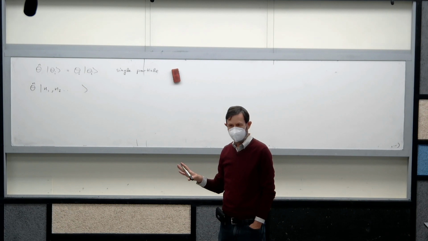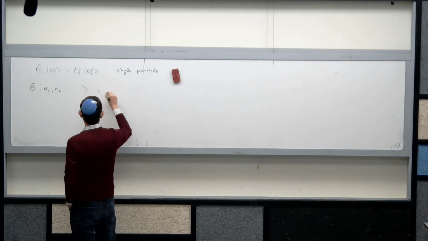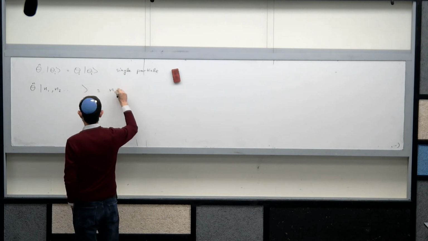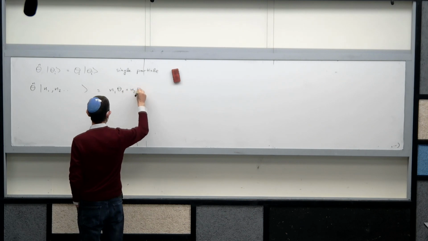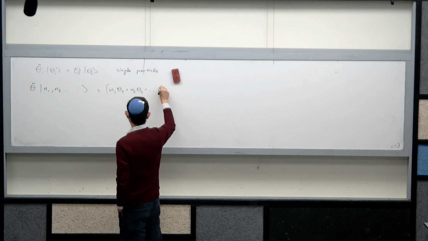Sum of the eigenvalues, times the occupation. Exactly. So it should give me n1 times theta 1 plus n2 times theta 2, whatever.